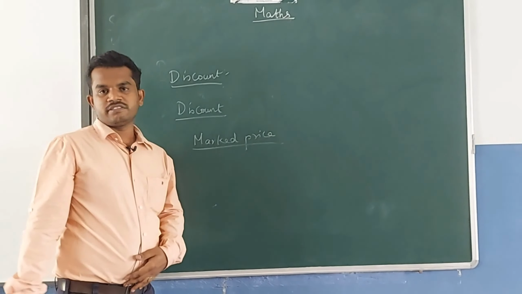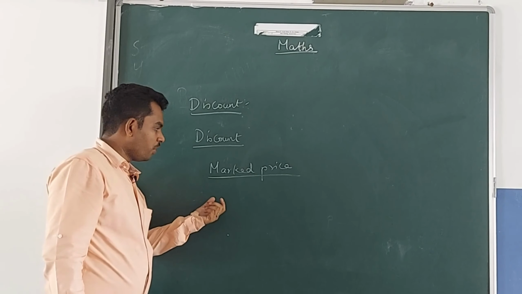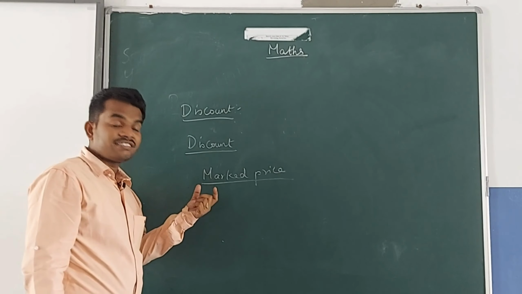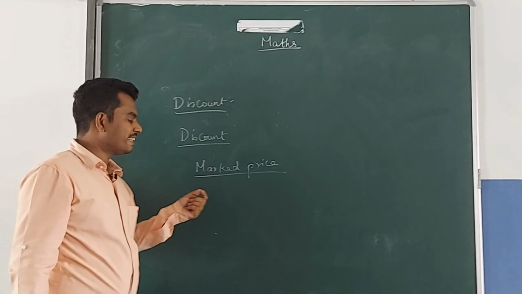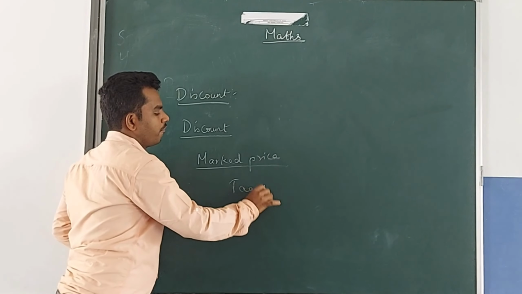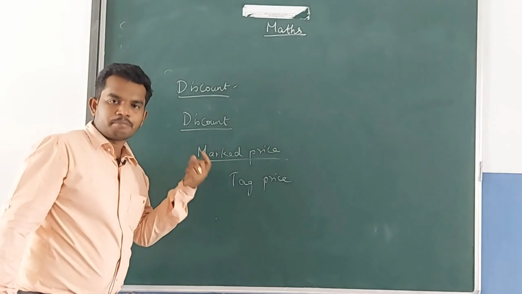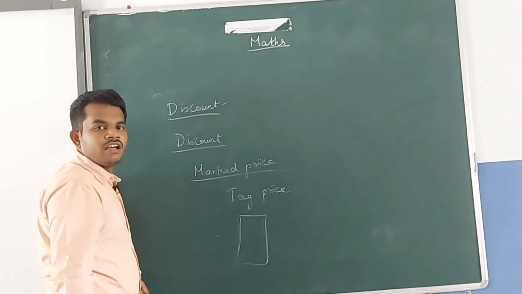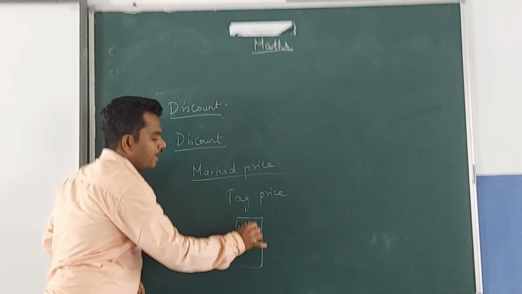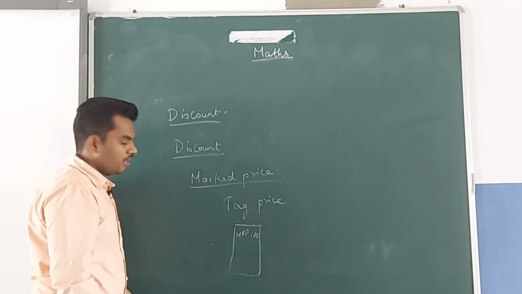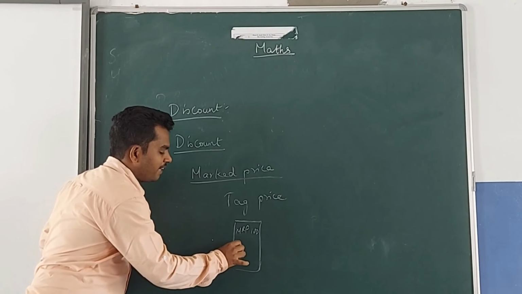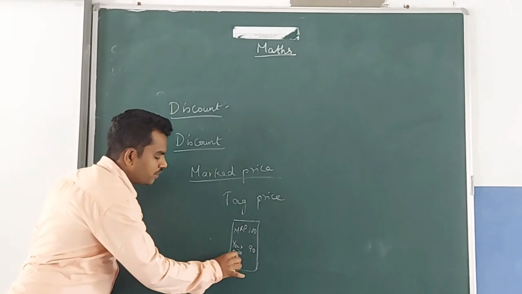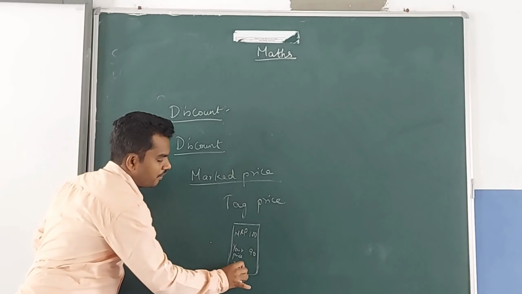What is marked price? In every shop, every product has a price. That price means the tag price. Every product has a tag price. For example, on a tag, MRP is 100. Your price is 90. You save 10.